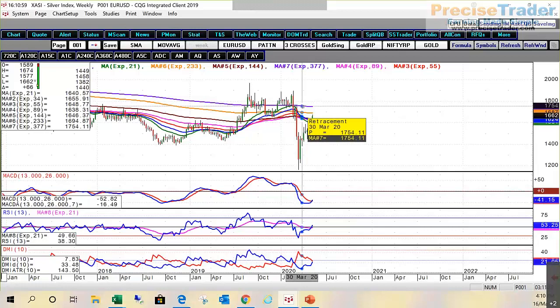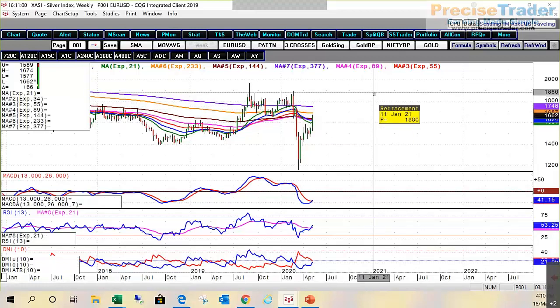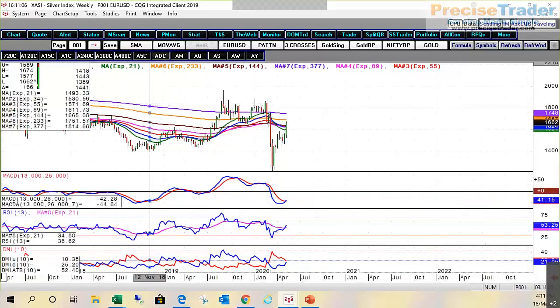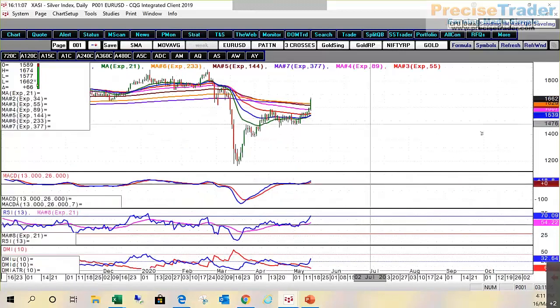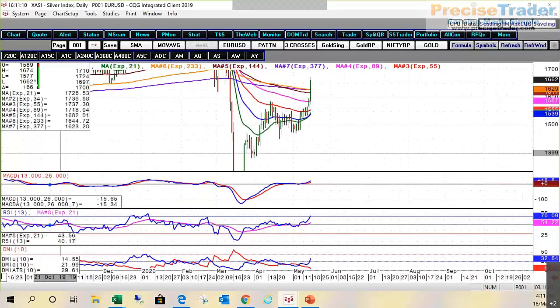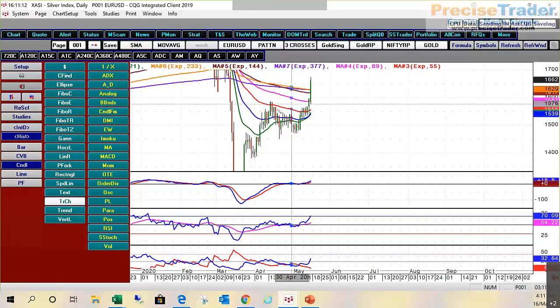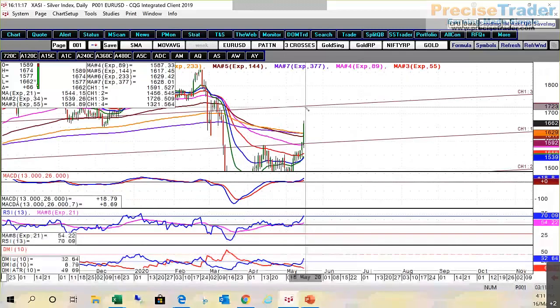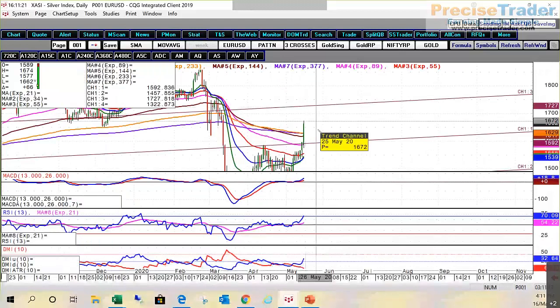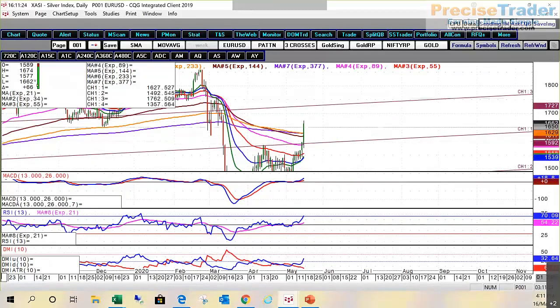So this is the level, or even towards 1880. These are the levels, and this is a pattern breakout. So we see 1725 to 1755. Any pullback, as I said, the maximum I'm looking at is 1595 to 1575.